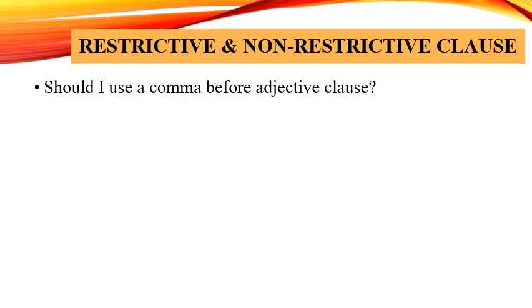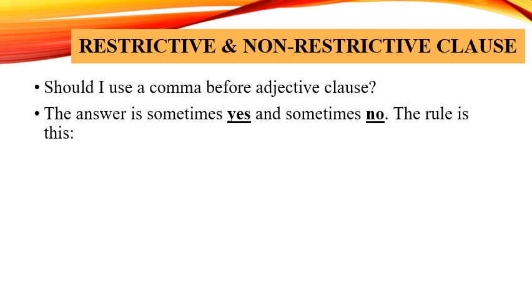I mean, they surround their adjective clause by commas. Okay. For example, we have a question here from one of the students. Should I use a comma before an adjective clause? The answer is sometimes yes, you use a comma, and sometimes no. So what is the rule that governs me in using the comma or not?